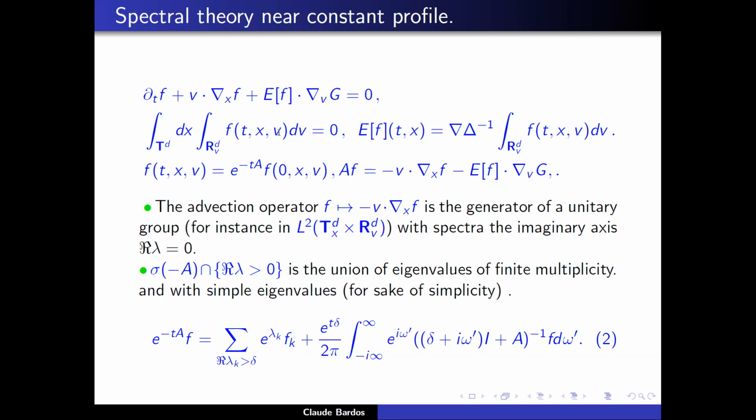Obviously, minus A is the generator of the semigroup. And the first thing that you observe is that if you look at the resolvent of the semigroup, it contains exactly the imaginary axis as a part of the continuous spectrum.